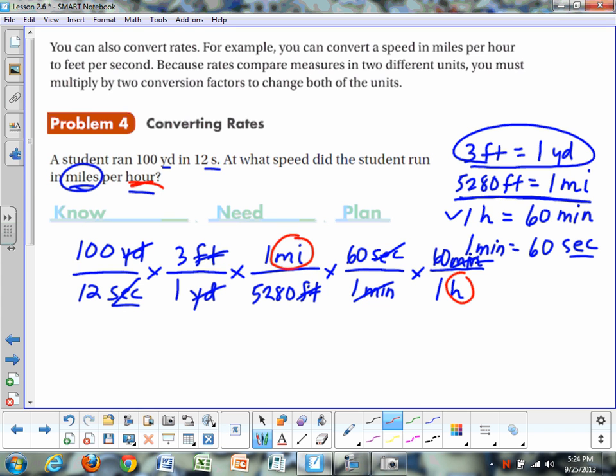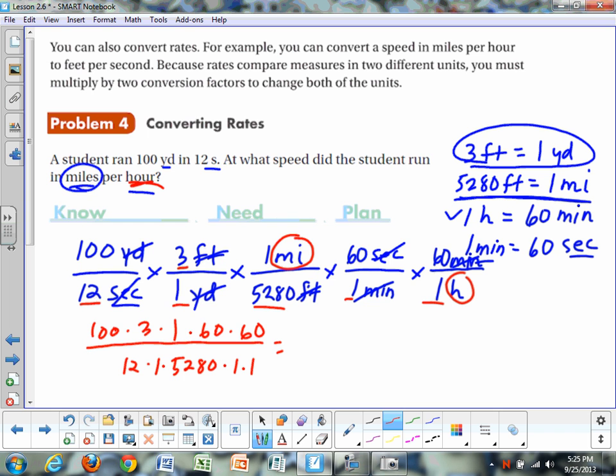All right, so now I need to multiply 100 times 3 times 1 times 60 times 60. That's my numerator. My denominator is 12 times 1 times 5,280 times 1 times 1. You don't have to write all these ones because they're not going to change, but just to get the idea.